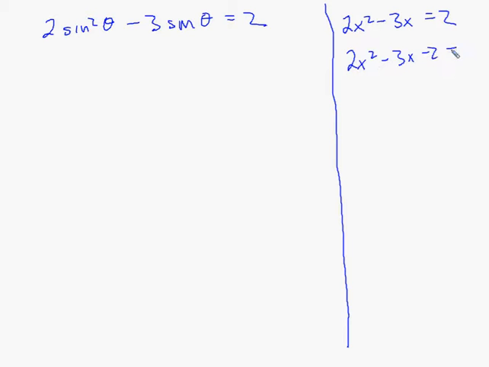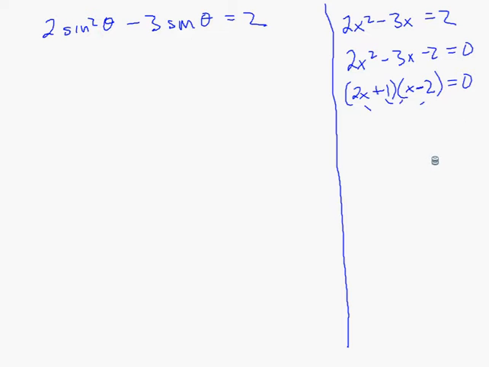Let's factor this: 2x and x. I have a negative here, so negative, positive. I'm going to need a negative 3, so I'll have a negative 2 here, that gives me a negative 4, and plus 1 here. When I check, negative 4x plus x is negative 3x, so that checks.